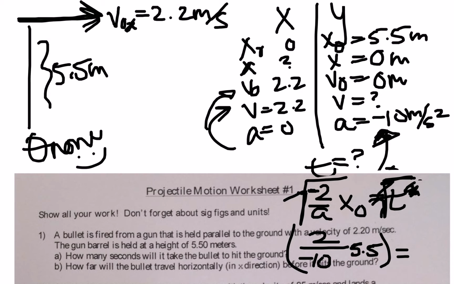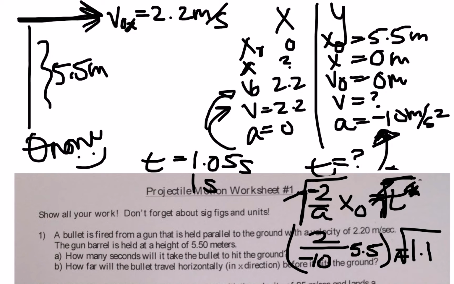Plug that in, equals 1.1 and then you're going to square root that 1.1, which will give you, for time, equals 1.05 seconds. You could also have rounded that to 1 second. So for A, the answer is 1 second.